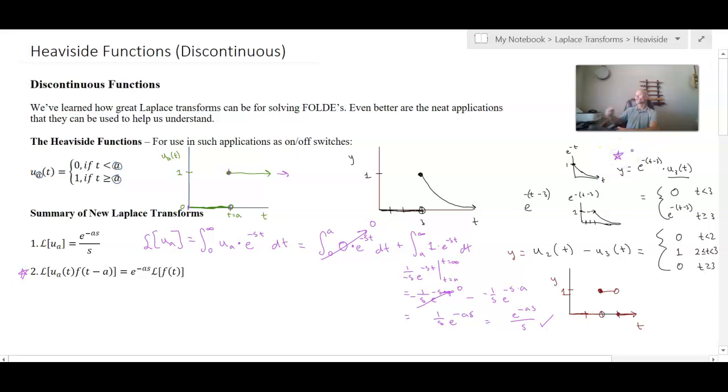We were trying to switch on the exponentially decaying function e to the negative t, but we wanted to shift it over 3 units because we wanted to pretend that t equals 3 was actually our vertical axis.